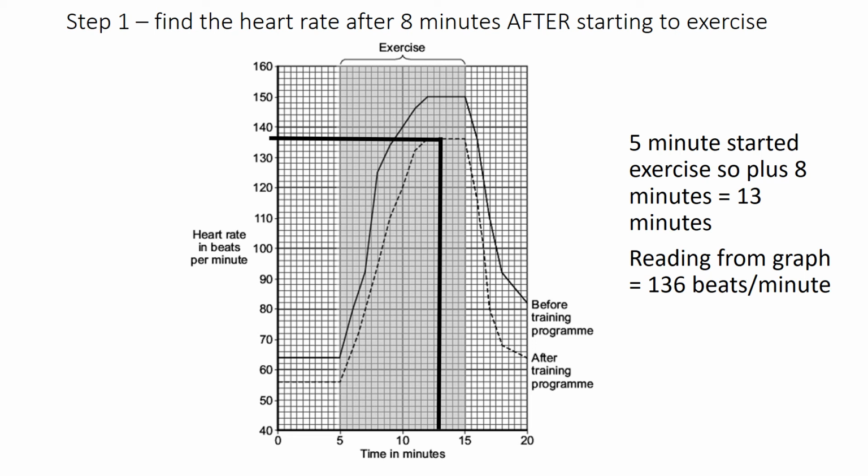So I've drawn my line up from 13 minutes, and I've gone to the after training program because that's what it said in the question, and I've read off that, and I get 136 beats per minute. So 8 minutes after the start of exercise, the heart rate is 136 beats per minute for after the training program. Now that actually will get you 1 mark in the exam if you have nothing else correct.